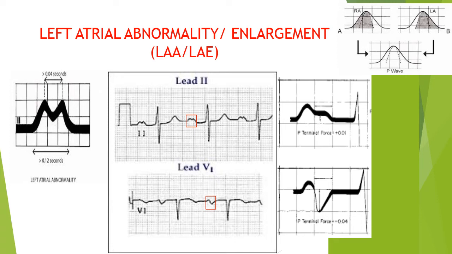So the duration of the P wave will be more prolonged, and the P wave duration and width will be more than 120 milliseconds and more than 3 small squares, plus or minus notching of the P wave in lead 2. While in V1 the P wave will be more dominant negative and will be widened in duration also.